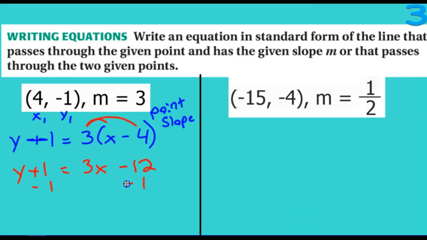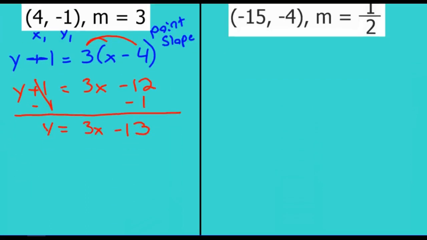Subtract 1 from both sides, and we get y equals 3x minus 13. Now this is slope-intercept form. How we get it to standard form is all we need to do is move our x over to the other side.